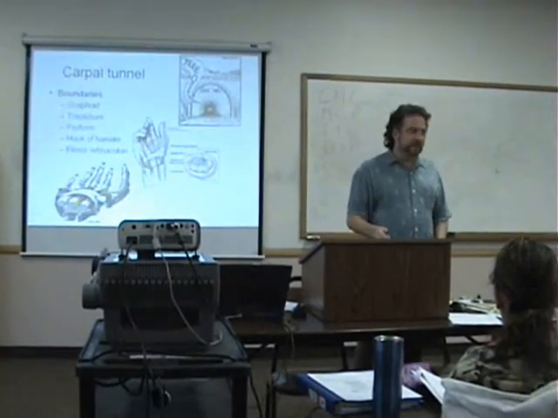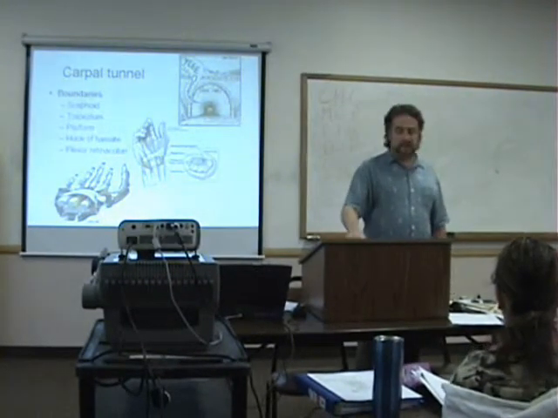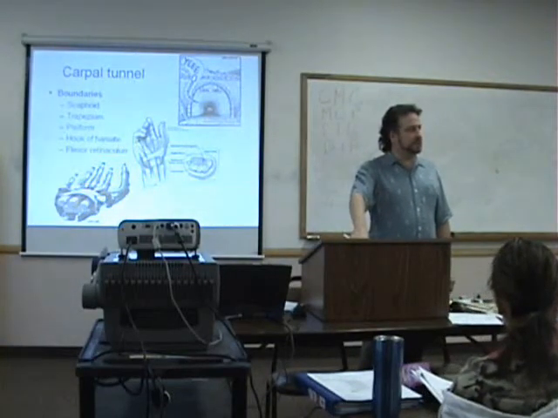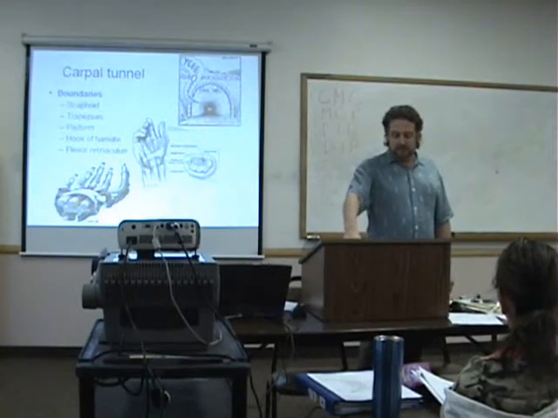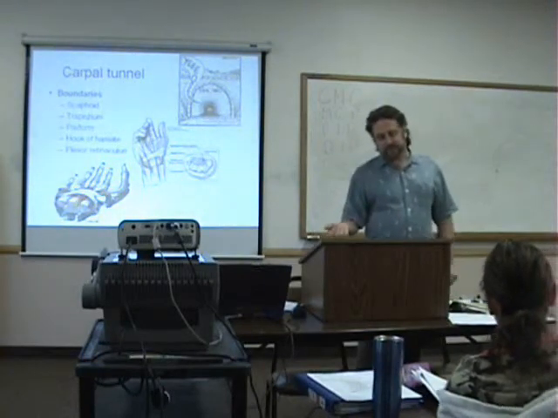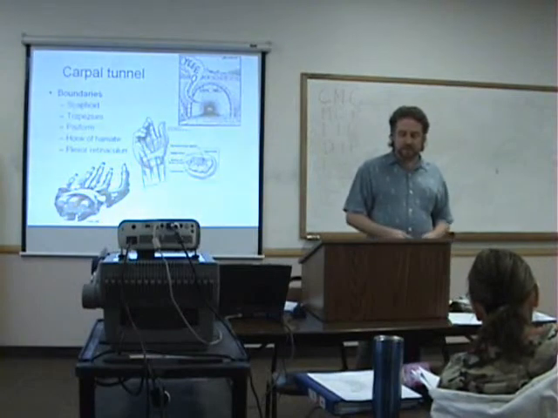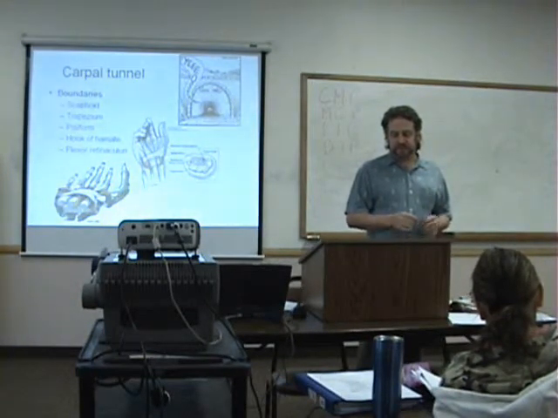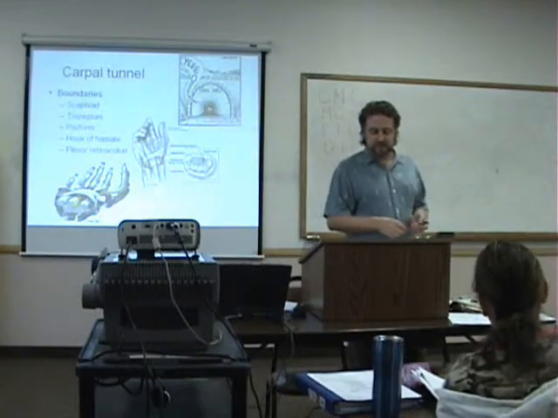And then we talk about the contents that go through it. So of course the main thing is the median nerve, right? And then everybody know what these abbreviations are? Should be able to figure them out, right? So these are all flexor muscles, so the F is going to be flexor, then flexor carpi radialis, flexor pollicis longus, flexor digitorum superficialis, flexor digitorum profundus.